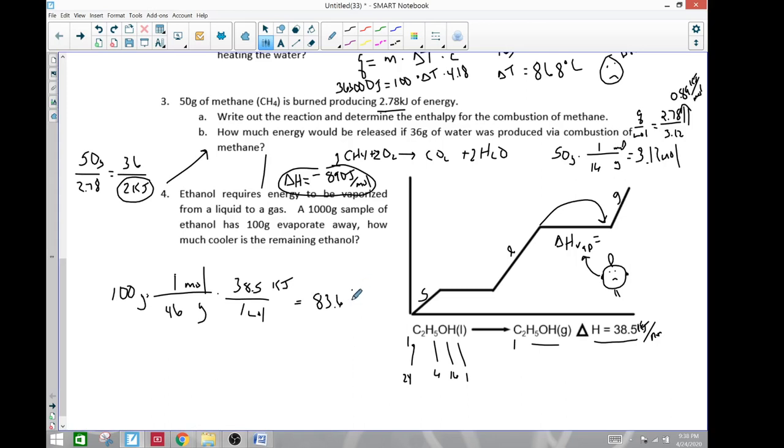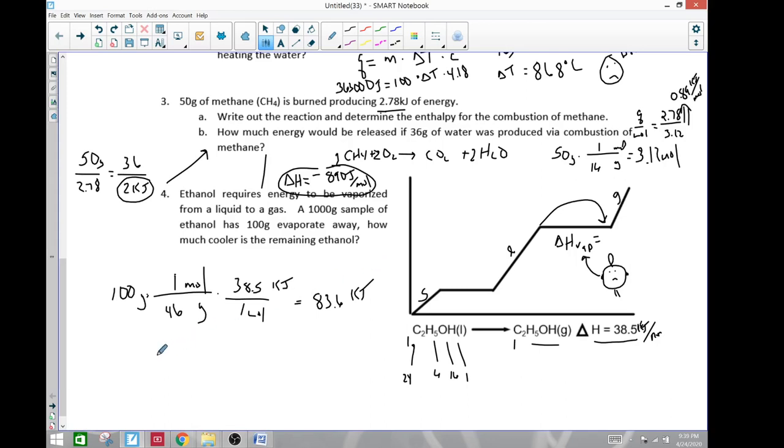So 83.6 kilojoules of energy. All right, so at this point, you have to know we want to cool this thing down. So in order to cool it down, we're going to need to know the specific heat of this substance, ethanol. I don't know if I have a table of this or not. If I don't, then I will add it into your sheet. And I do. Okay. So we have 900 grams of this.